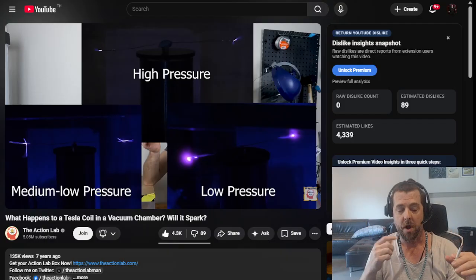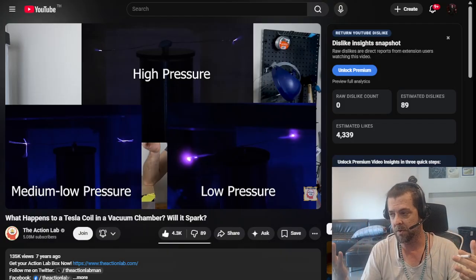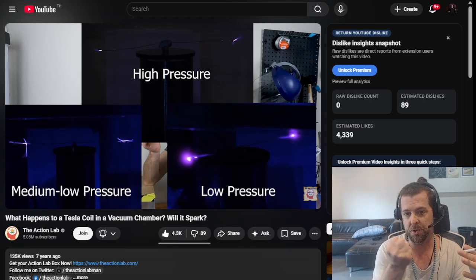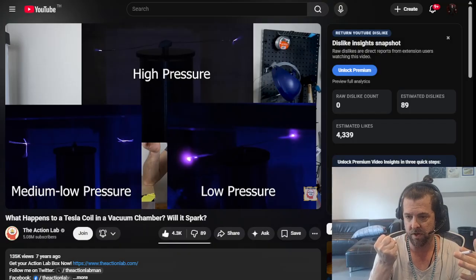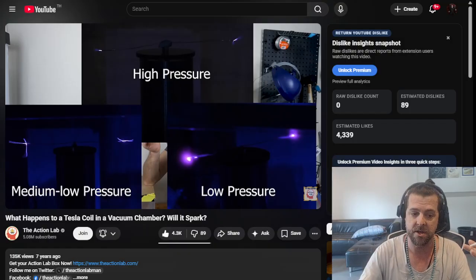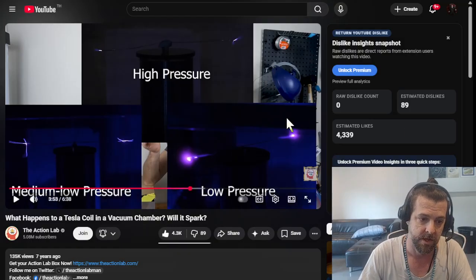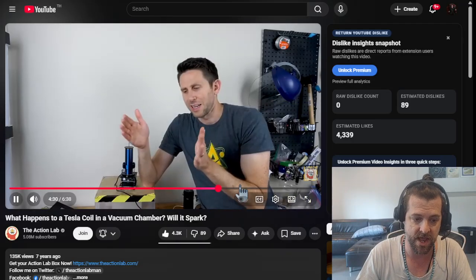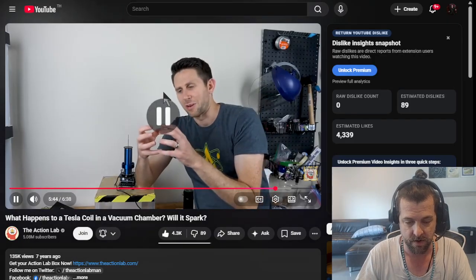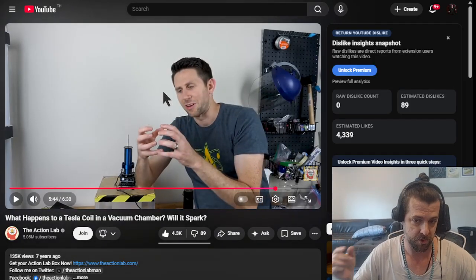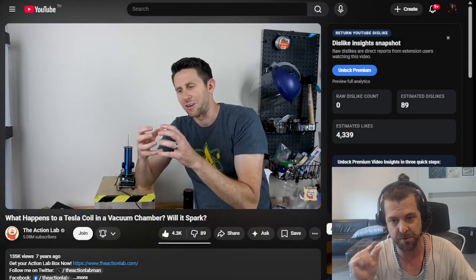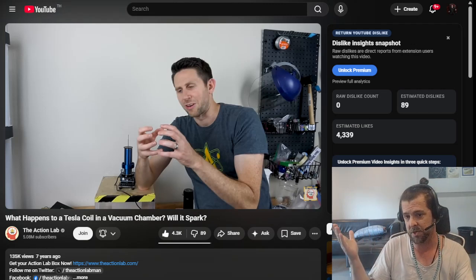But there comes a point where you have so much of the gas extracted from your experiment that nothing is going to happen. So he's taking the air out, and you can see that it's growing. But when you get to the point of a full vacuum, this disappears altogether. So there is a sweet spot if you're trying to generate plasma in a vacuum.